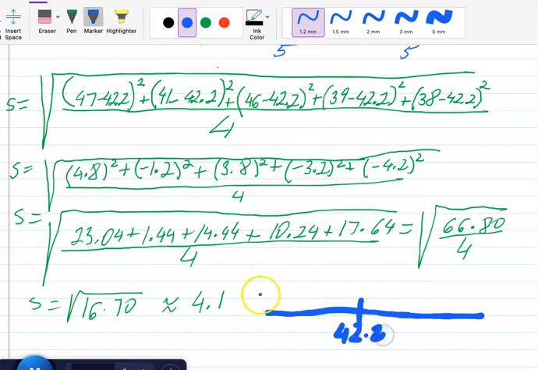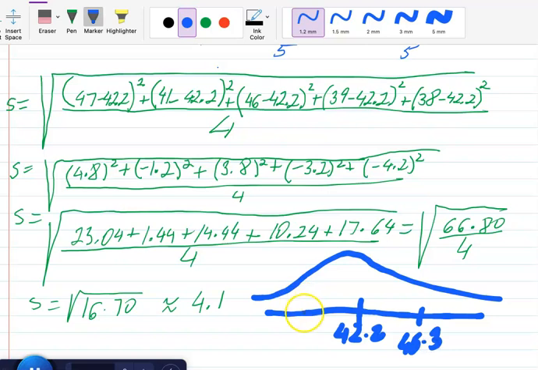And let's say we have a normal distribution, and this is the middle. When you are 1 standard deviation away, 4.1 is 1 standard deviation. That means 1 standard deviation is going to be 46.3 on the right side and 38.1 on the left side. We can talk about that later. But so the standard deviation is 4.1.